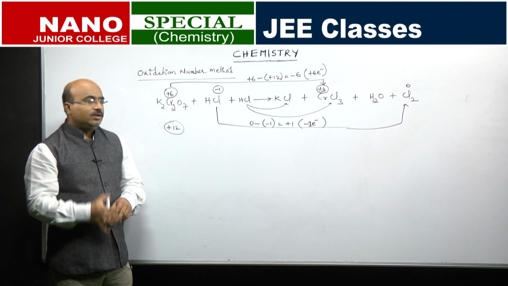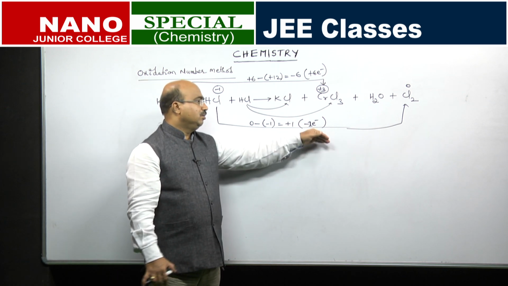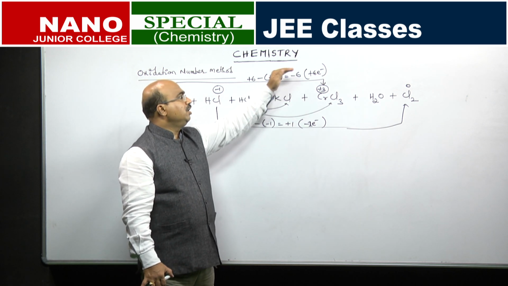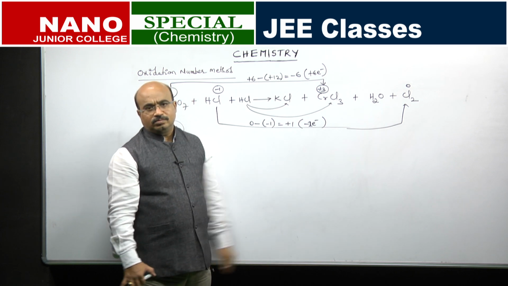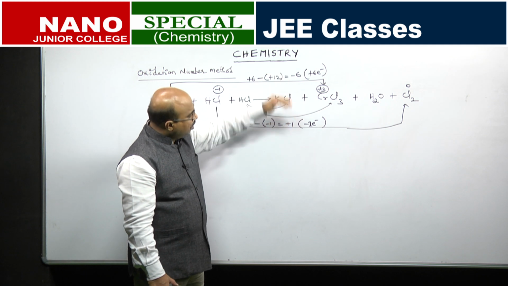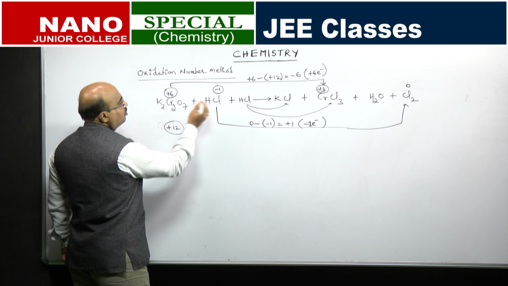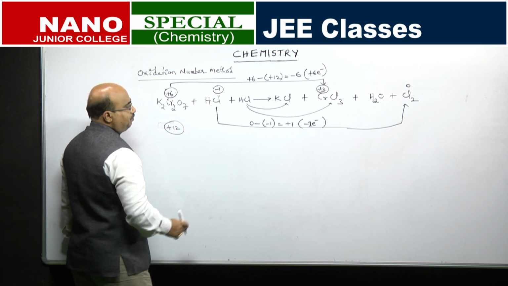So, electron loss is nothing but an increase, electron gain is nothing but a decrease, but we have to make these two equal. So, what should we do? Just multiply this with 6, because the other is already 1.